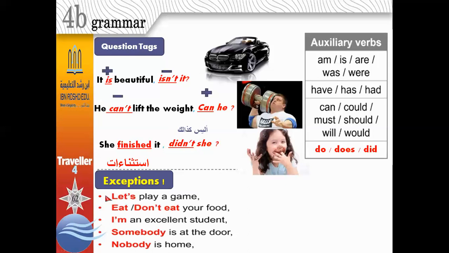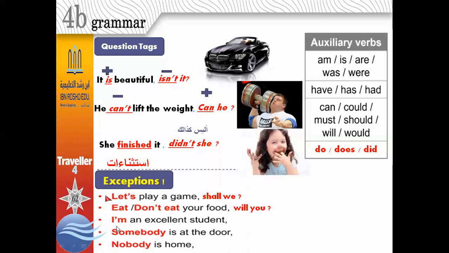If the sentence begins with let's, you finish with shall we. If the sentence starts with a verb, like when you give a command, eat your food or don't eat your food, you use will you.